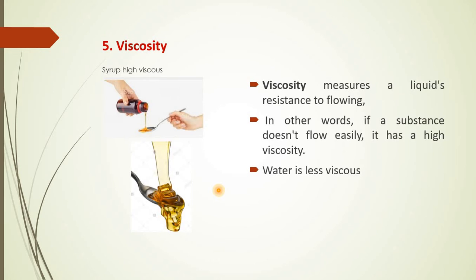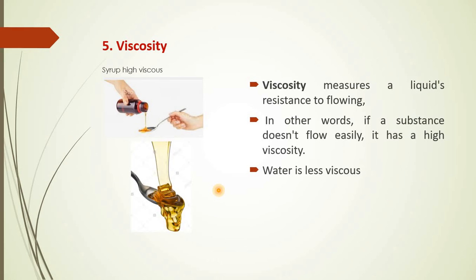Now the next important property is viscosity. In case of viscosity, we need to understand what the term viscosity means. Viscosity refers to the measure of the liquid which resists its free movement or free flowing. Or in other words, we can say the substance will not move very easily. And if it is so, then we can say that the substance is highly viscous.